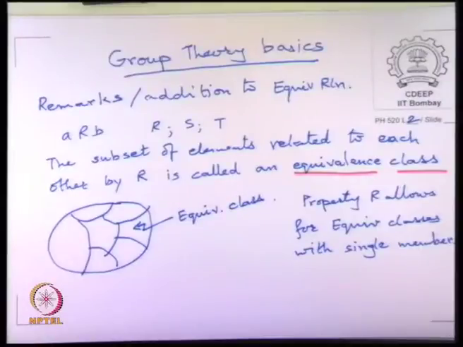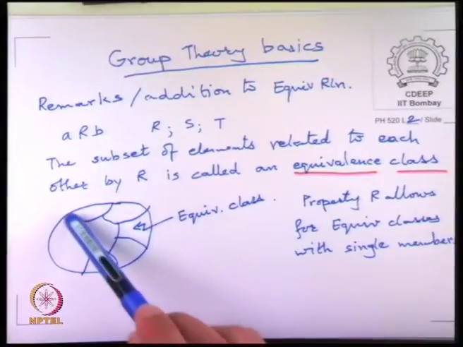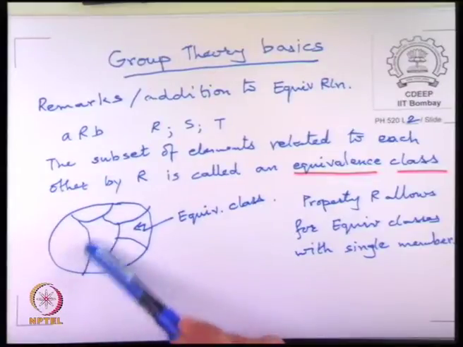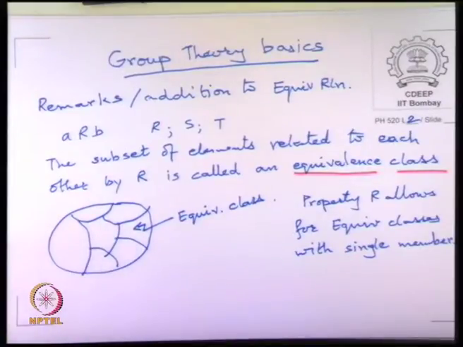And typically we will see in group theory, very often the identity element may end up forming an equivalence class by itself under some property that you specify. So, that will happen. There is one other terminology which we will again encounter later, but sometimes we want to think of each of these equivalence classes as one element.